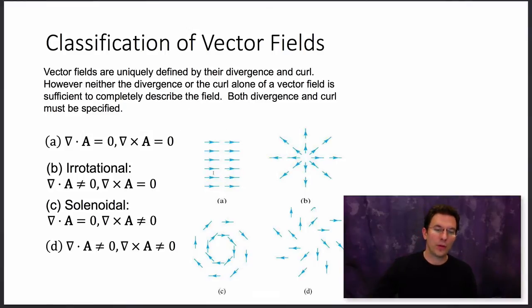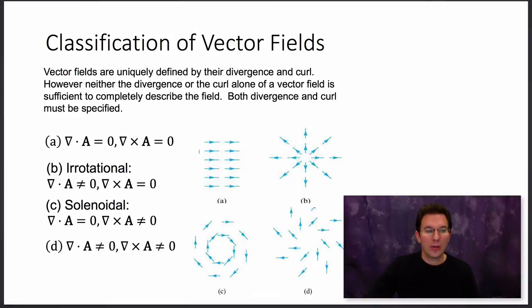If you have a vector field that looks like this, which basically points in the same direction everywhere in space and the magnitude doesn't change, okay, that field has no divergence and it has no curl. Both the divergence and the curl of a field that looks like this will be zero. However, if you look at example B here, this is a field that points radially out, no matter where you are in space, and whose magnitude does not change.